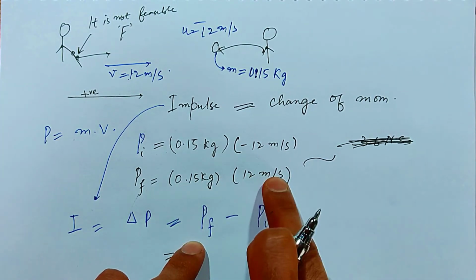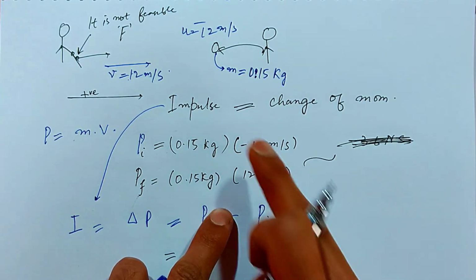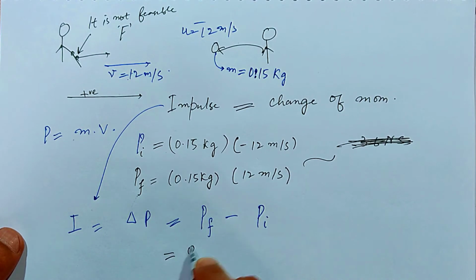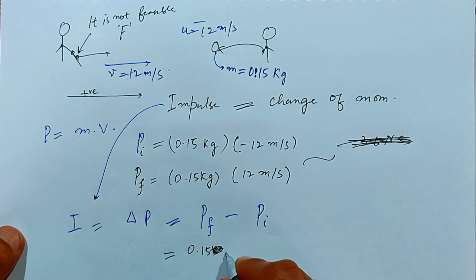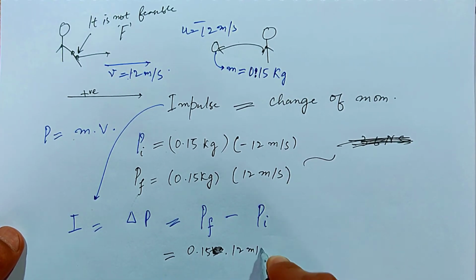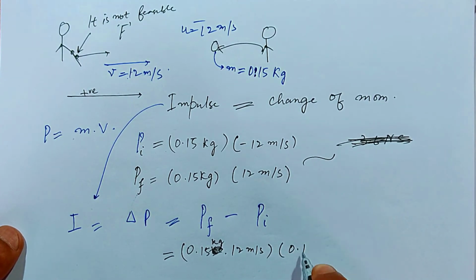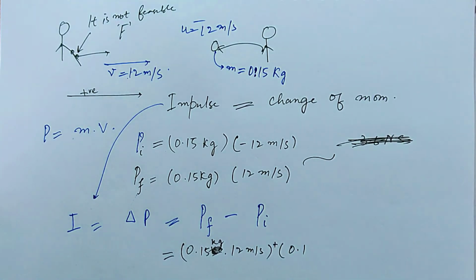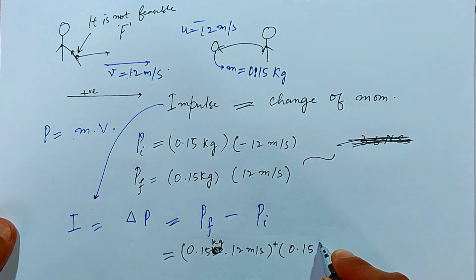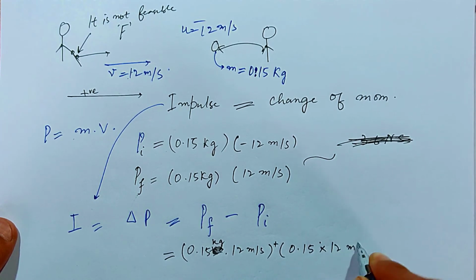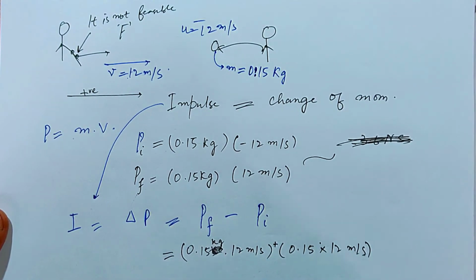So this is this much quantity minus this much quantity, but this is also minus, so minus becomes plus. So this will be 0.15 kg into 12 meters per second plus 0.15 into 12 meters per second. This is the initial velocity in the negative direction, and negative becomes positive here.